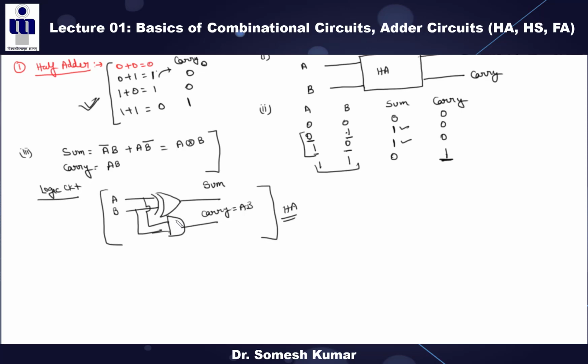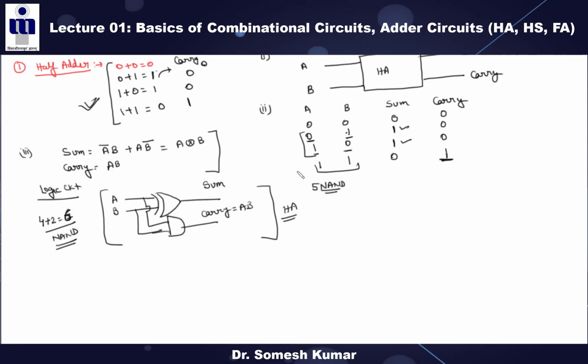How many NAND gates are required to implement the AND gate? Basically 2. So by seeing this circuit, 7 NAND gates are required to implement this, right? But that is also not true. The exact thing is 5 NAND gates are required to implement this.